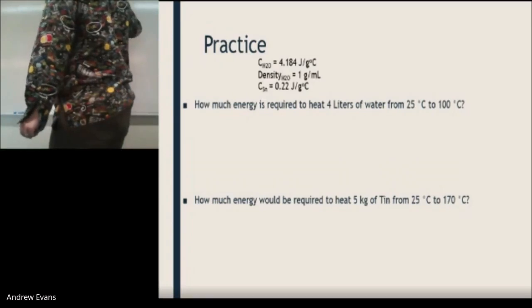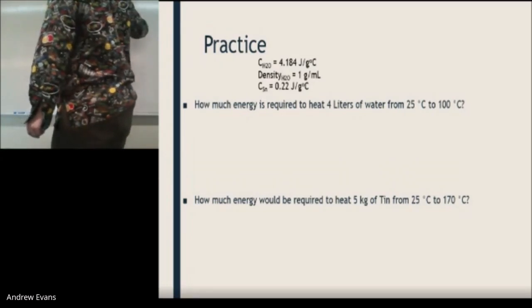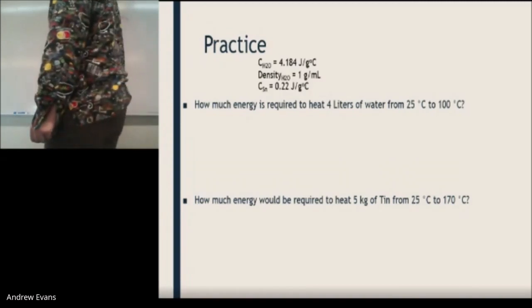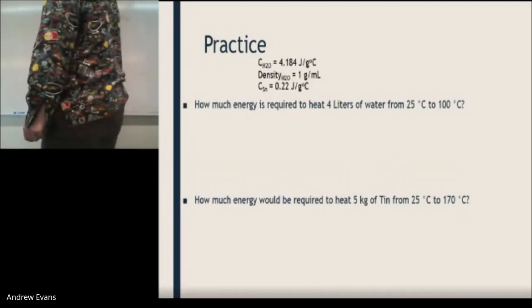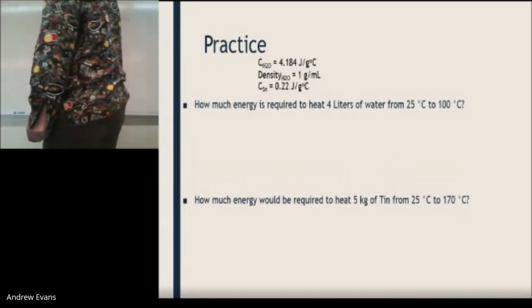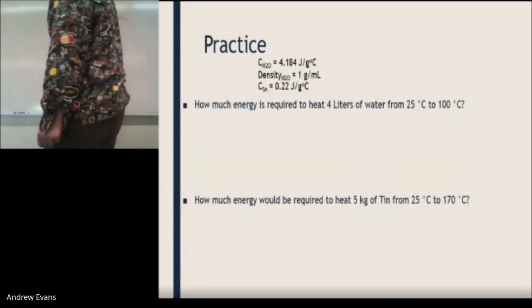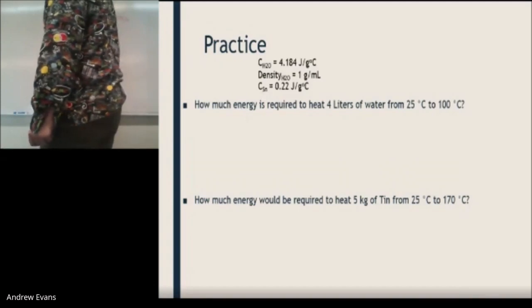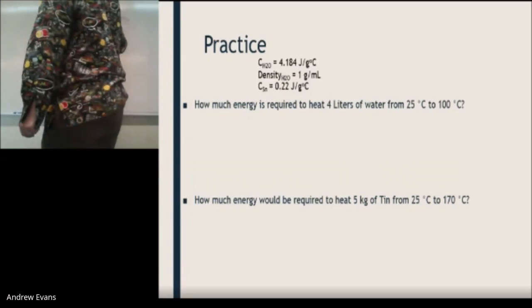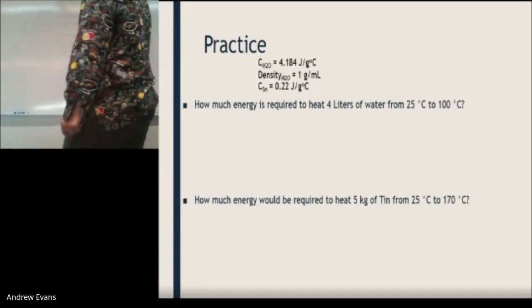So we have 4,000 grams. Our specific heat capacity of water is 4.184 joules per gram Kelvin. And our delta T is going to be our T final minus T initial. So 100 minus 25, 75.